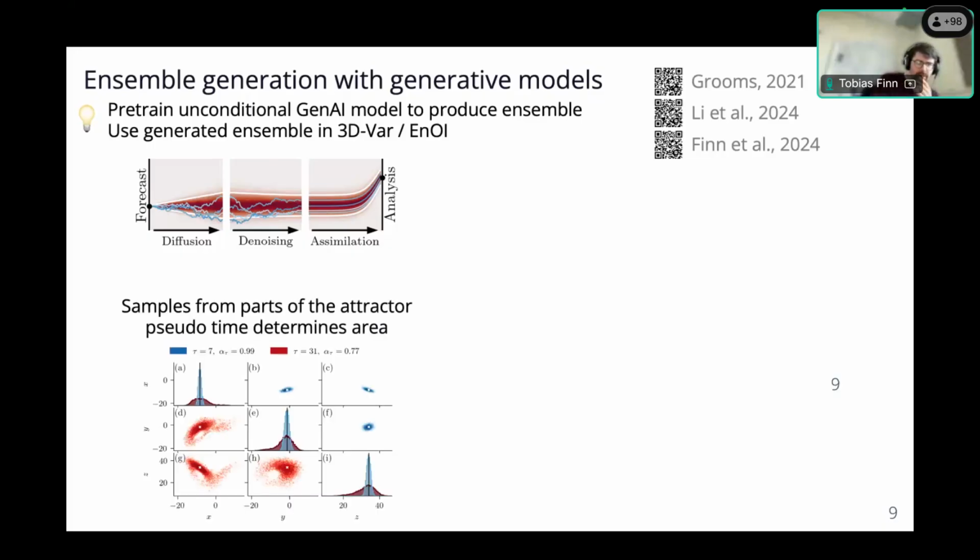And so the nice thing about this is we basically learn, or the model itself learns to sample from the attractor, from the invariant measure of the system. And so which means the more noise we add to our deterministic forecast, the larger part we sample from the attractor. So meaning if we just add a bit of noise, we sample a very, very tiny area of the attractor.